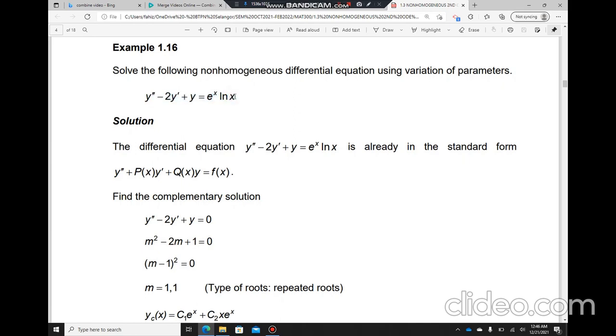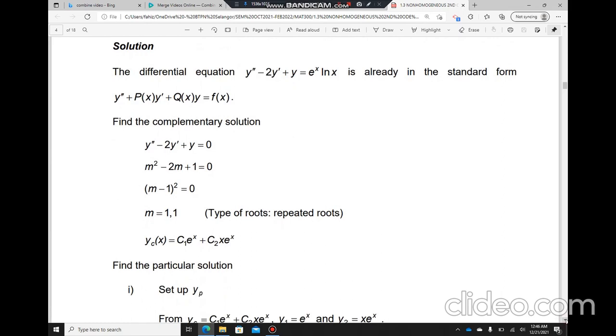Sebab tu kita kata sebelum ni yang undetermined coefficient method dia sangat terhad. Maksudnya dia just boleh guna untuk certain function. So kita memang kena gunakan variation of parameters.